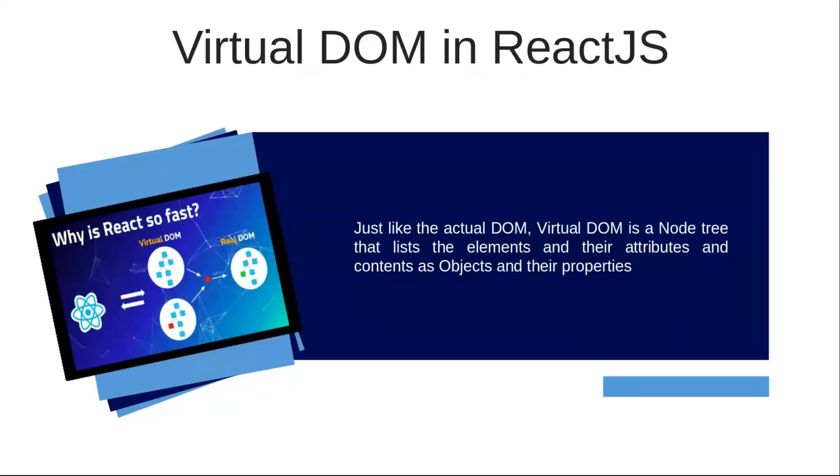So the entire DOM doesn't make a change. Only in the positions where there is a change, there the changes are affected. So the working of the React applications is very fast, and that is what the virtual DOM has done for this React.js application compared to JavaScript.